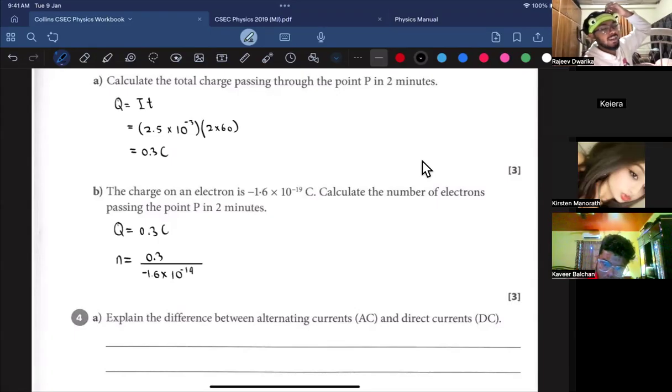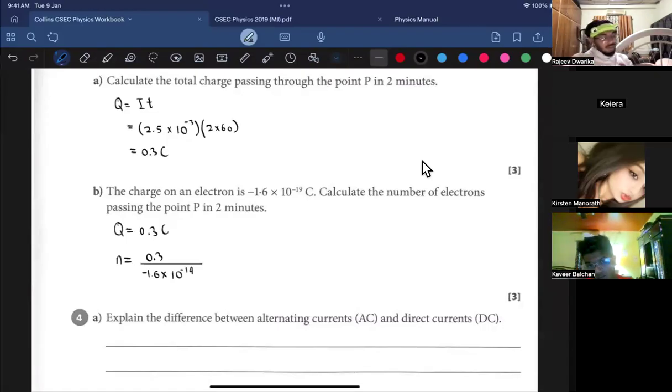Supposed to get like 1.875 by 10 to the power 18. Well, negative. Supposed to get negative 1.875 by 10 to the power 18. Now I get minus 1.875 by 10 to the power minus 20.